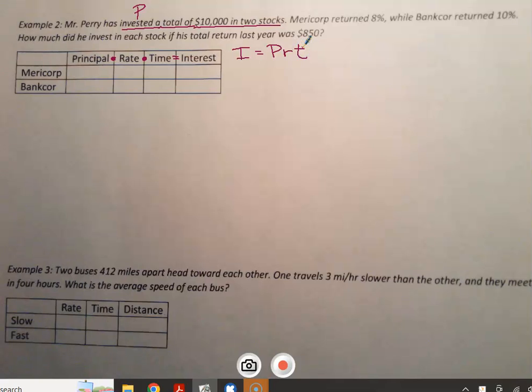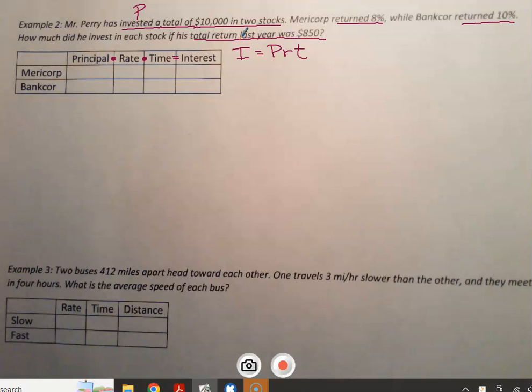So AmeriCorps returned 8%, while BankCorp returned 10%. So that's the rate. How much did he invest in each stock if his total return last year was $850? So we need to put this information into that table to help us where they belong.